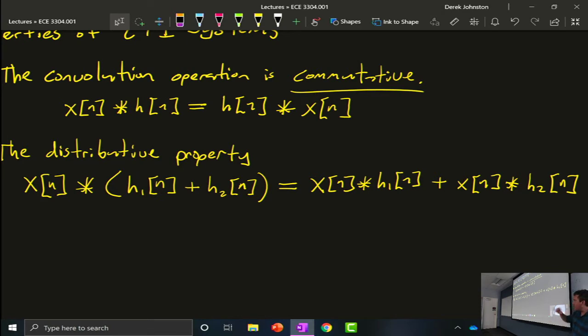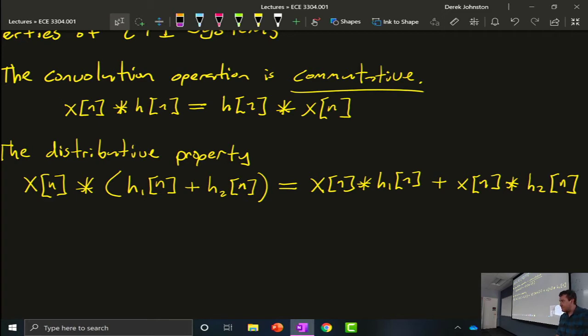This property lets us create band pass filters, where h1 is the impulse response that gives us a low pass filter, and h2 gives us a high pass filter. You can smash them together and get band pass filters. That's all I was getting at, but I misunderstood the prerequisites for this class.